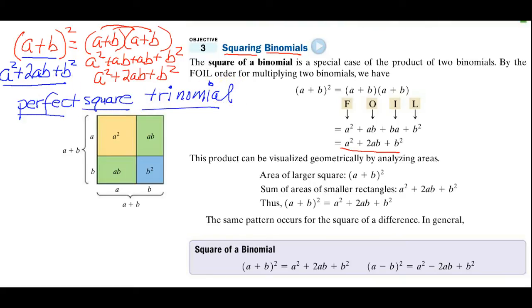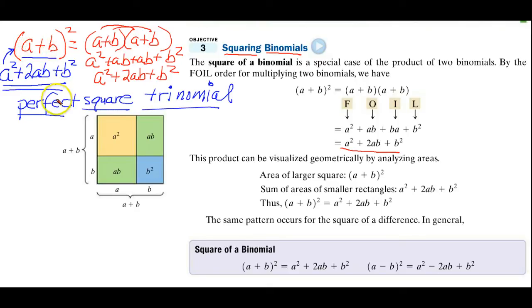Because if you see that you have a perfect square trinomial, this can immediately factor to a binomial square. So these two are like helpers of each other. This will FOIL through that special method into this, and if you recognize this, it will factor into that.